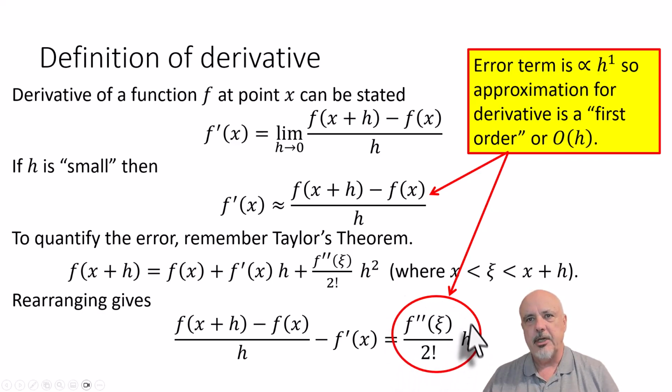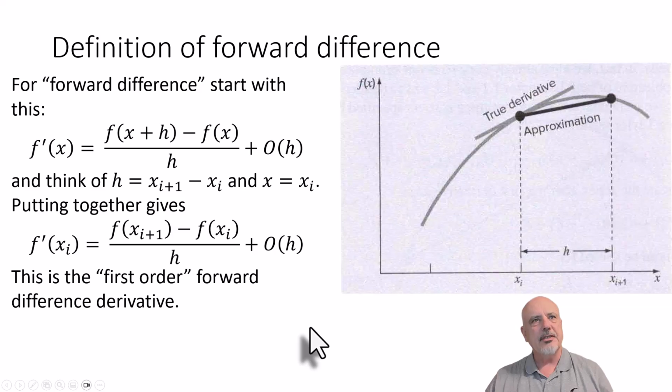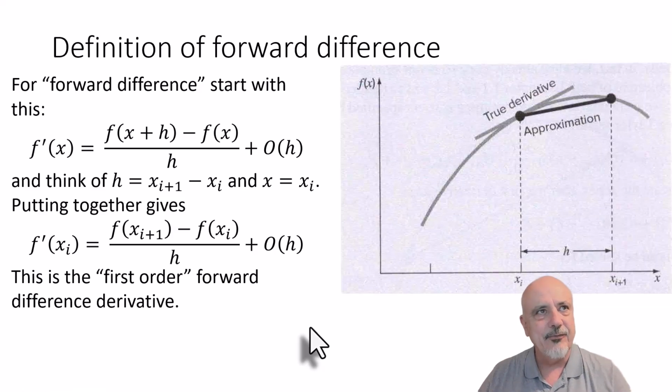When I get that remainder term on the right and have it divided by h in this case, what remains is to the h power. So this is a first order approximation for my first derivative.